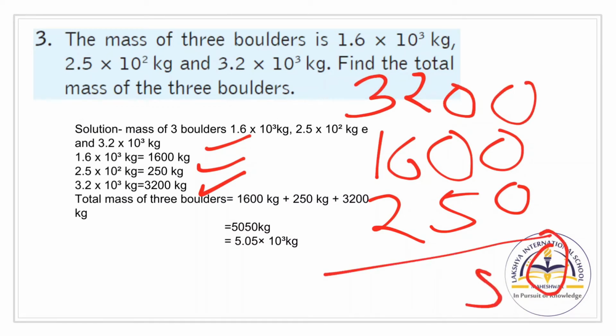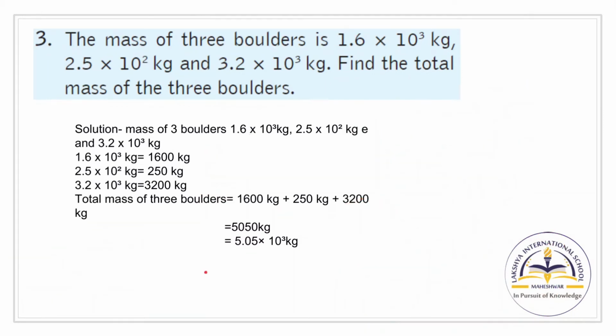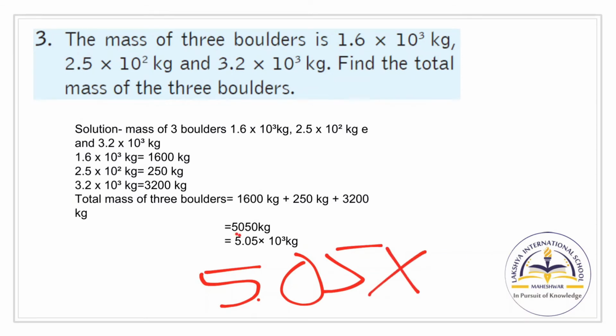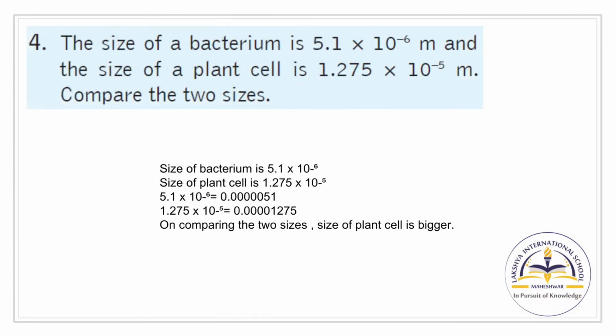The sum is 5050, and that will be the answer. Now you can write it in the standard form also. How can you write it? 5.05 into 10 to the power 3.